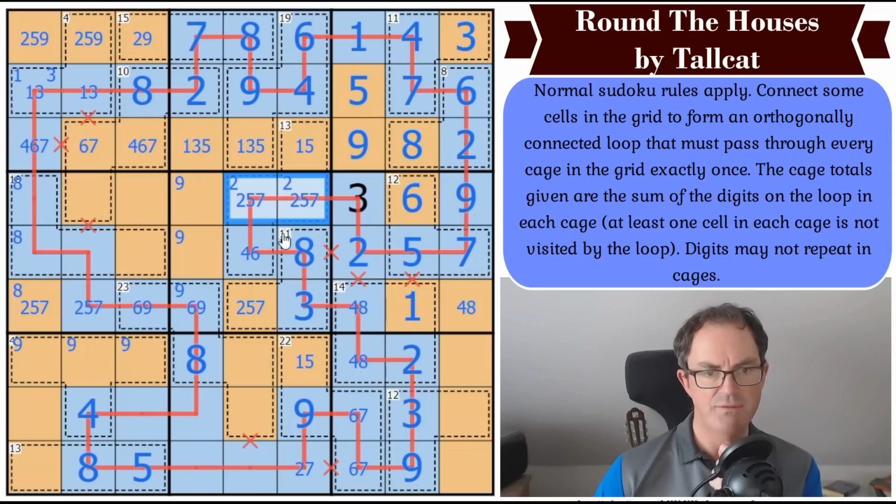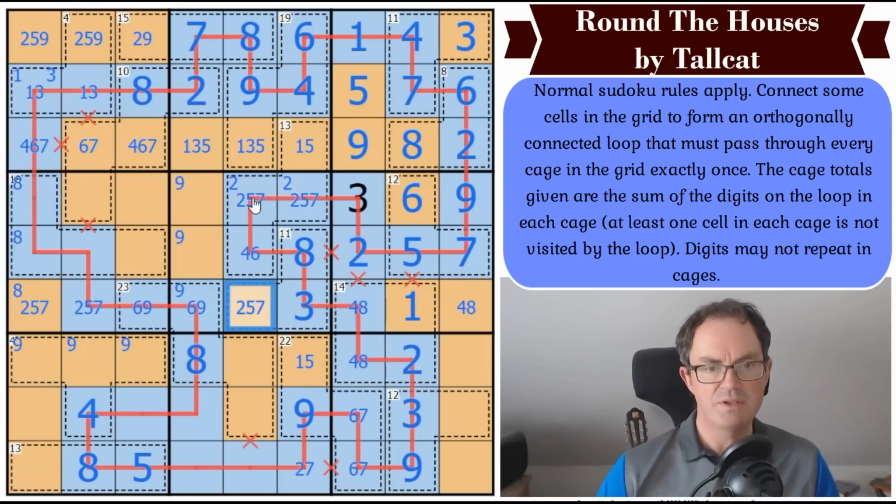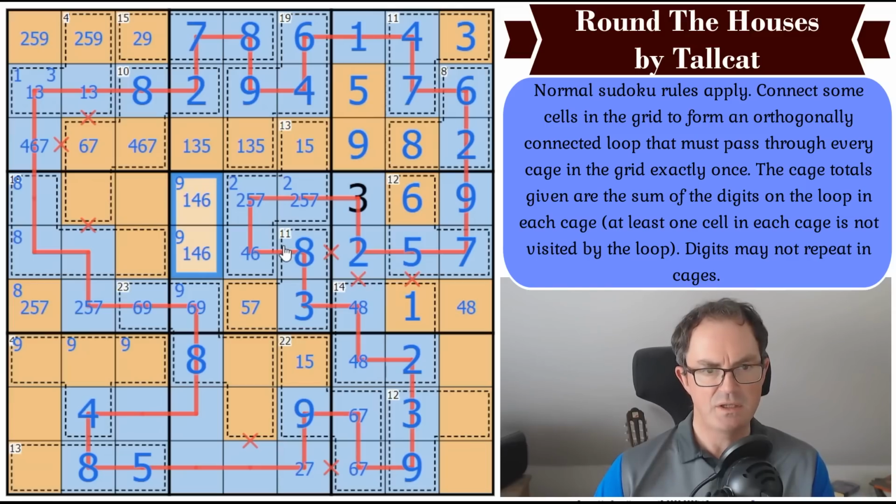It's either 2, 7 or 2, 5. That means I've got a 2, 5, 7 triple. This square is not a 2. So these squares are from 1, 4, 6 and 9. And that square can't be 6 or 9, look, because it sees it. So that square is not 9. This is 1 or 4.